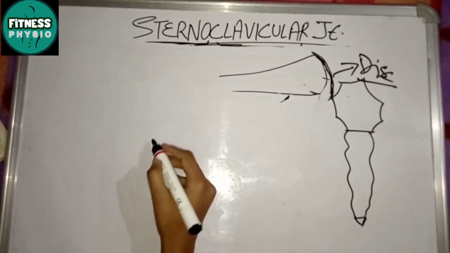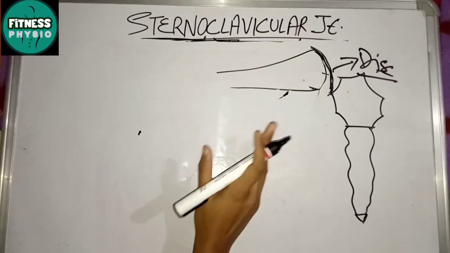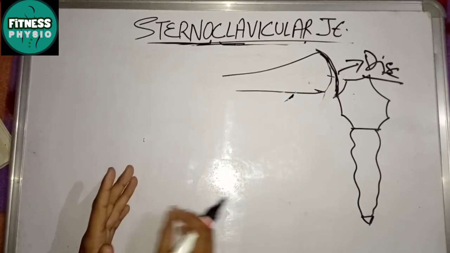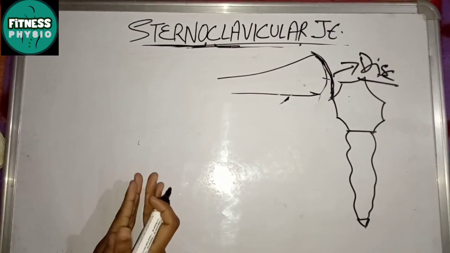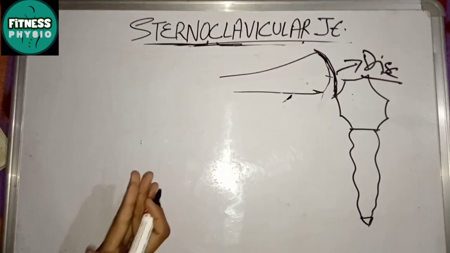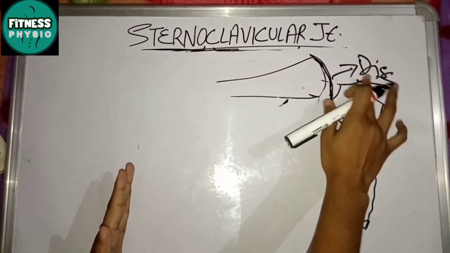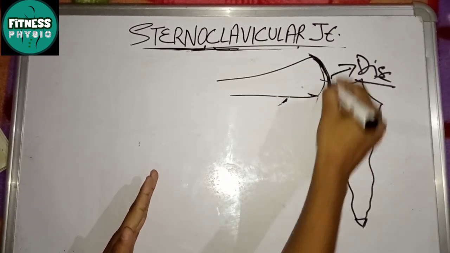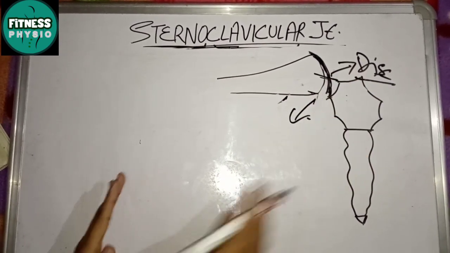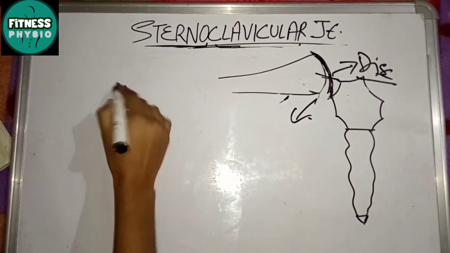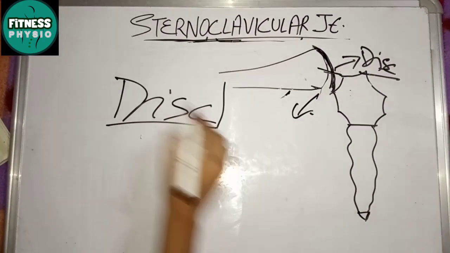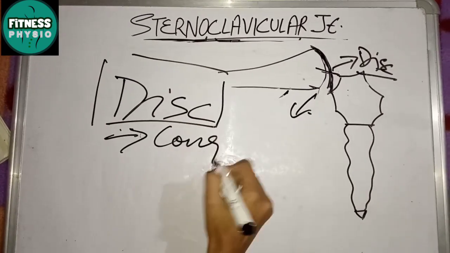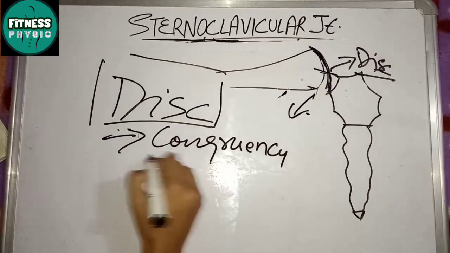If you remember, you have menisci in your knee joint, and their function is to increase the congruency of the joint. Here is a disc, a fibrocartilaginous structure, and it increases the joint congruency. So let's discuss its function. What is the function of that disc? First is congruency. It maintains the congruency.